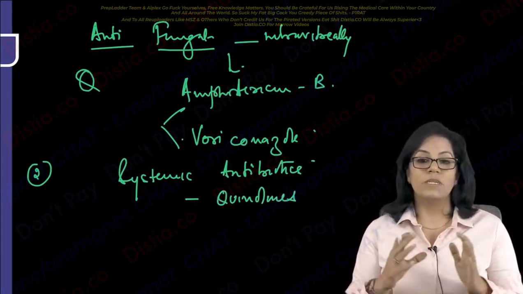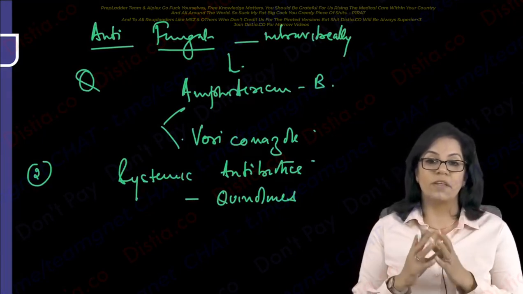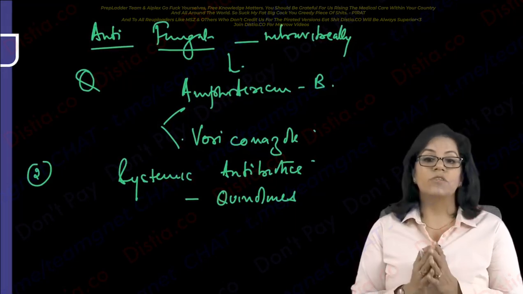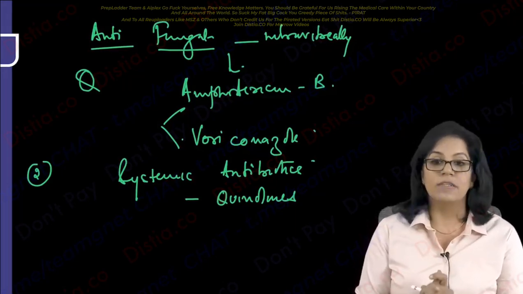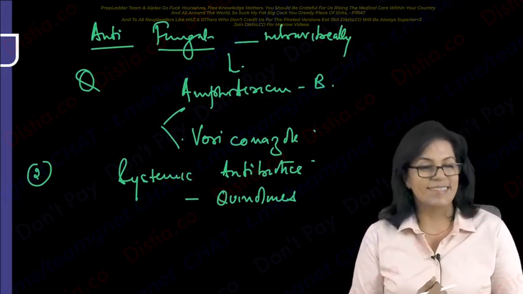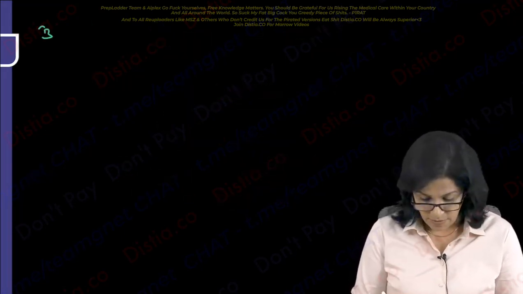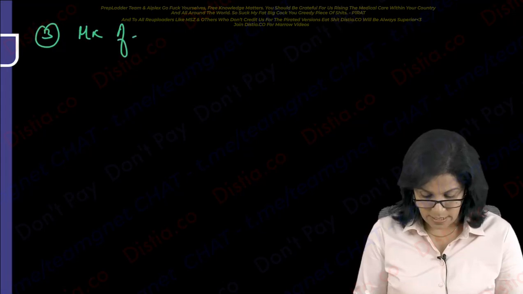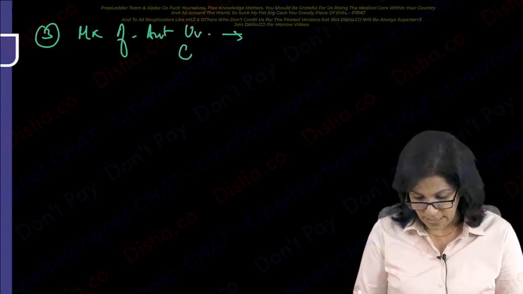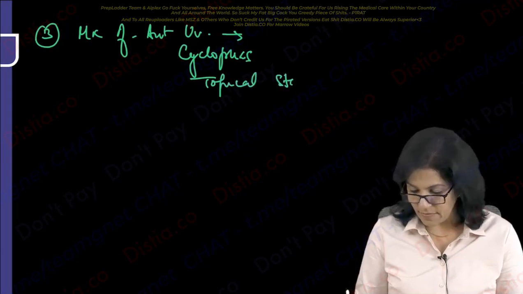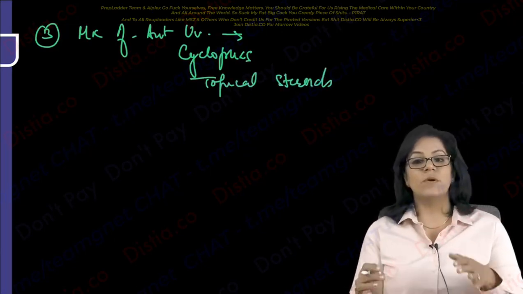But yes, to treat the associated uveitis, you can give cycloplegics, and steroids of course can be given under this antibiotic cover. So we manage the associated uveitis by giving cycloplegics and topical steroids under the cover.